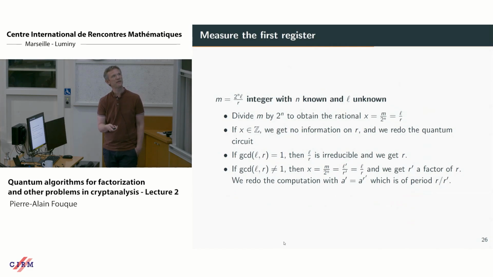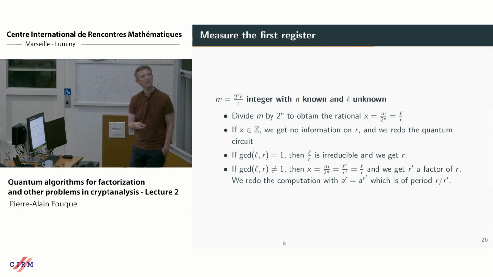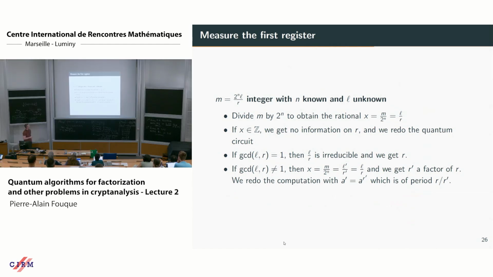Now I can divide m by 2 to the n, and I will recover this fraction. From this fraction, if L and r are coprime, so the GCD between these two values is 1, then r is the denominator of the fraction, so I recover r exactly.